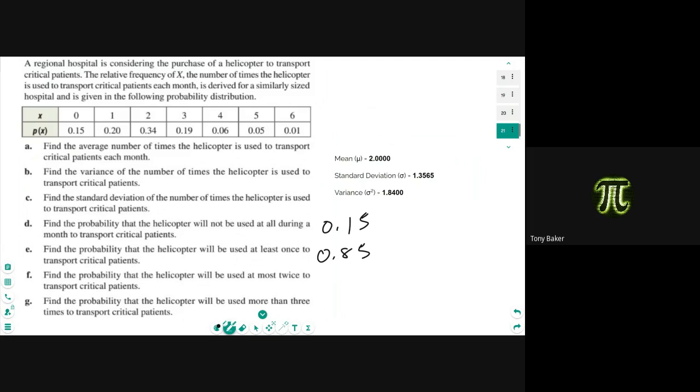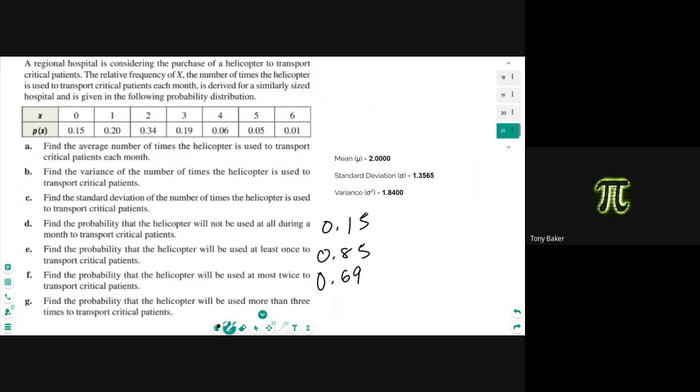Let's find the probability that the helicopter will be used at most twice. So we're going to be looking at what ones? Yes, 0, 1, and 2. So we've got 54, 64, 69. I could have easily been wrong, I did it in my head.